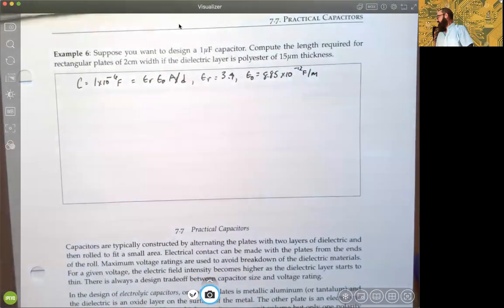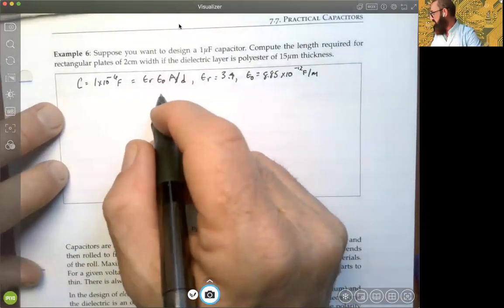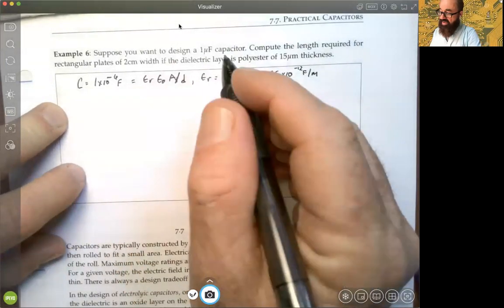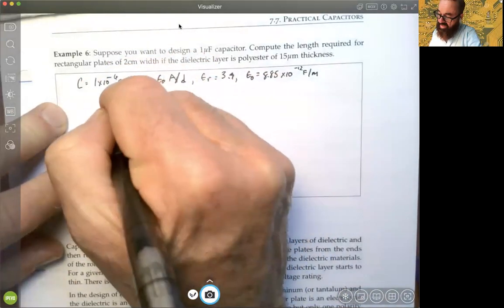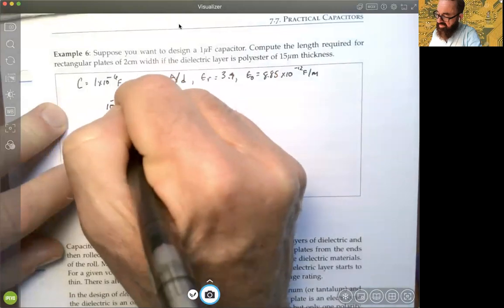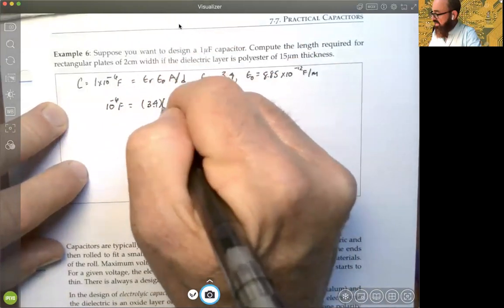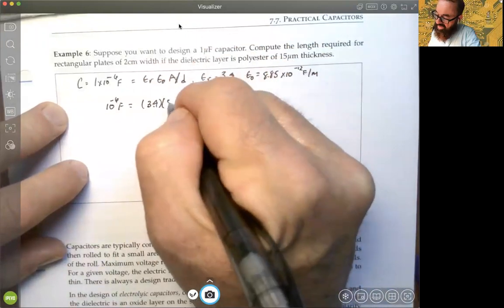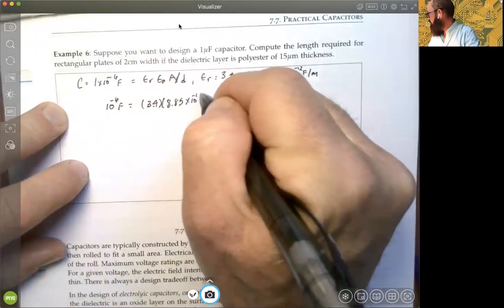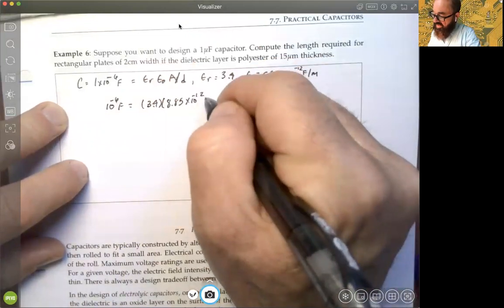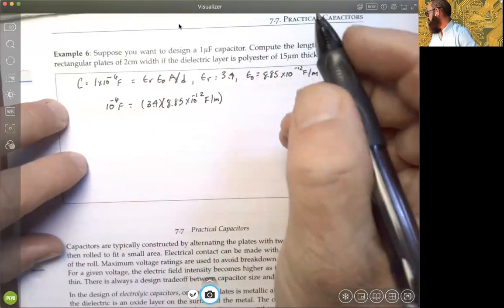So if we plug all these components in there, our goal is to figure out what the area has to be. We're missing the area. We have everything else. So what we have is 10 to the minus 6 farads equals 3.4 times the dielectric constant 8.85 times 10 to the minus 12, and again, that's farads per meter, just seeing how our units work out.